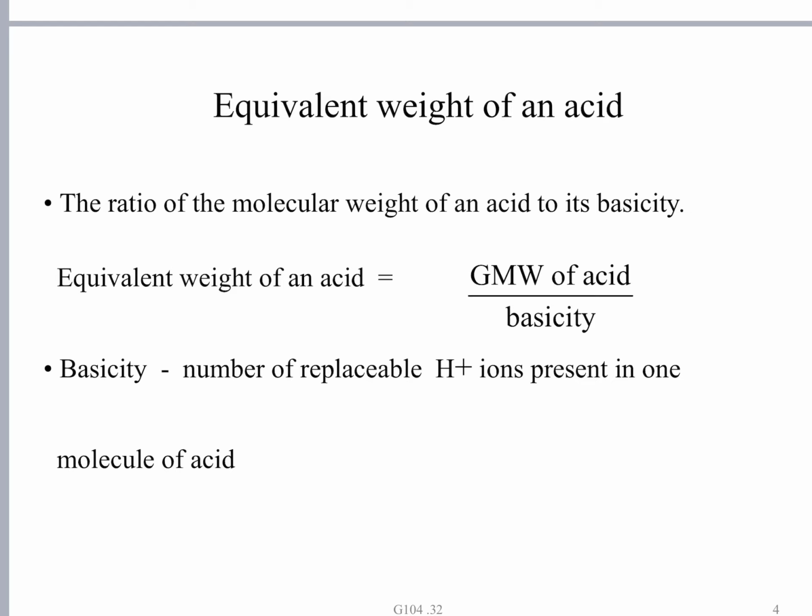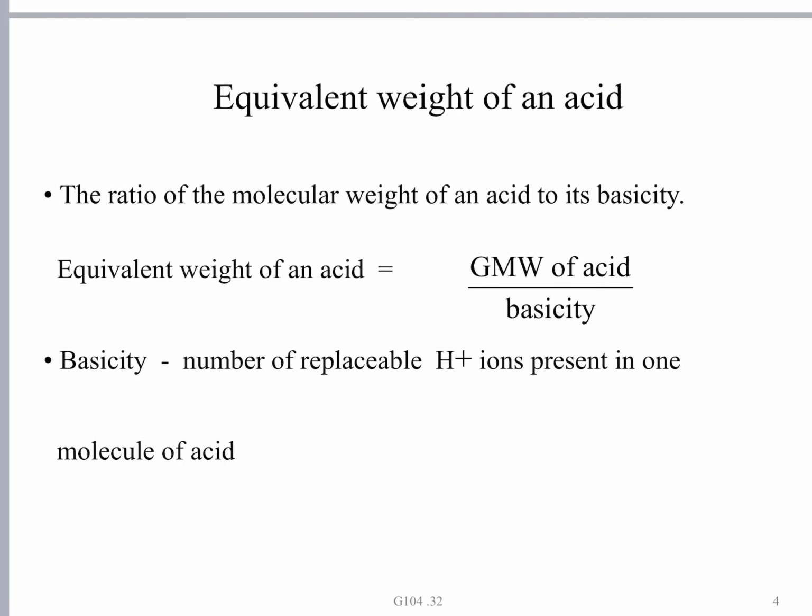In the same way, if you take H2SO4, sulfuric acid, it ionizes as 2H plus and SO4 2 minus. So, there are 2 replaceable H plus ions in sulfuric acid.